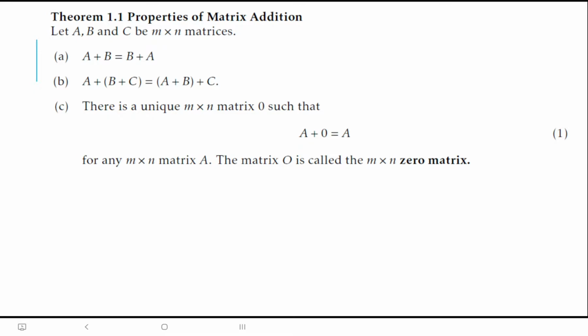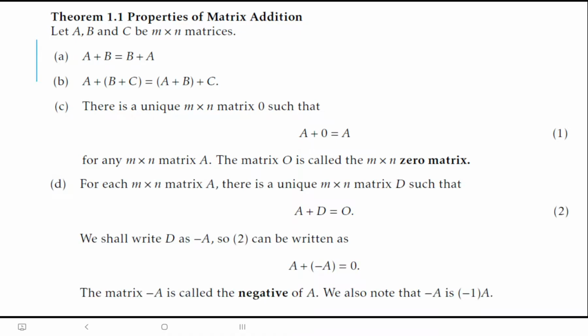Okay, and then the next one is the existence of an additive identity. That is, meron tayong pwedeng i-add sa isang matrix such that ang resulting pa rin ay yung original na matrix, and then we call this the zero matrix. So basically ito lang yung matrix na ang lahat ng entry niya ay 0. Okay, so kung sa C diniscuss natin yung additive identity, dito naman ay yung tinatawag natin na additive inverse.